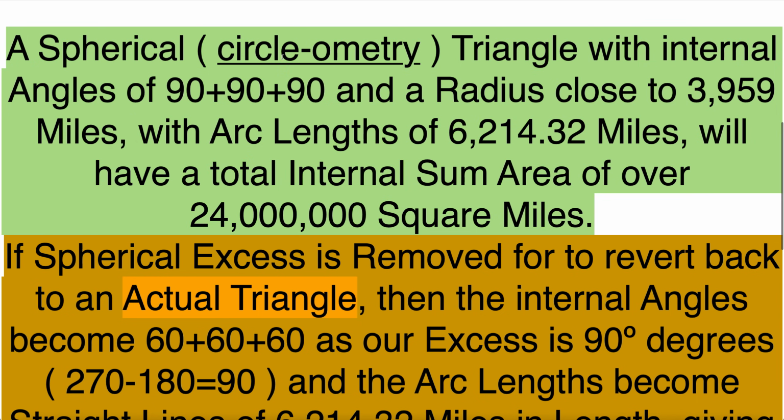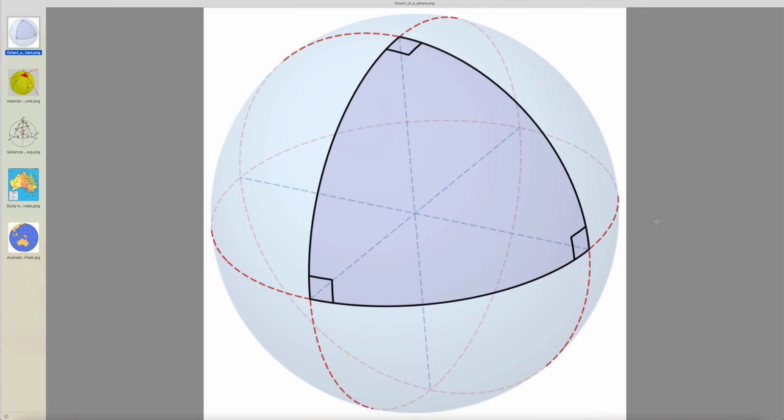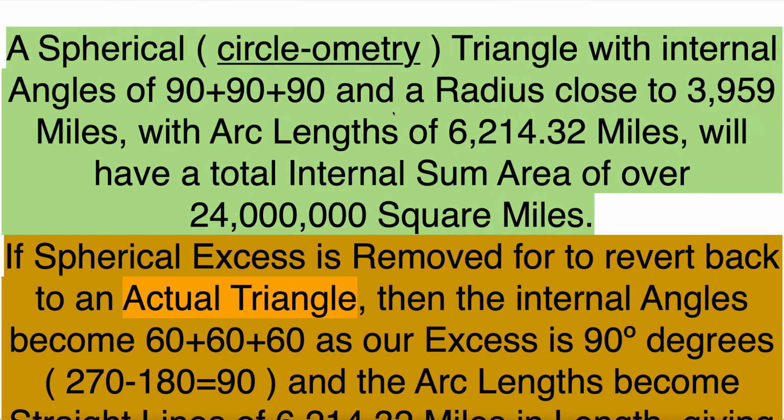A spherical triangle with internal angles of 90 plus 90 plus 90, right, which is the maximum that a spherical triangle can have, and a radius close to 3,959 miles with arc lengths of 6,214.32 miles will have a total internal area of over 24 million square miles.